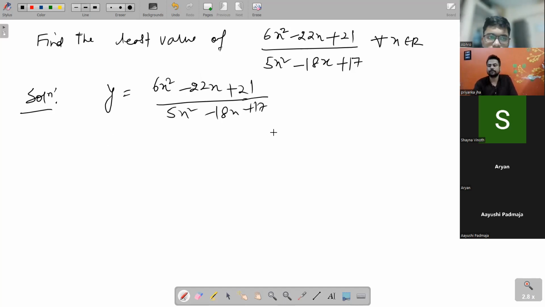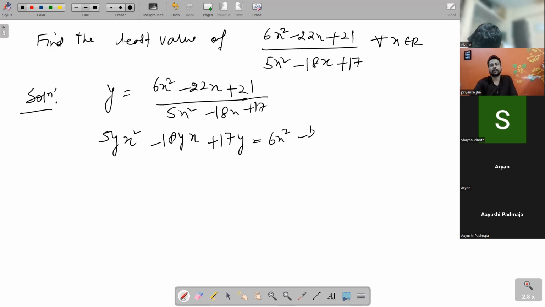So just cross multiply this. It will be 5y x square minus 18y x plus 17y equal to 6x square minus 22x plus 21.